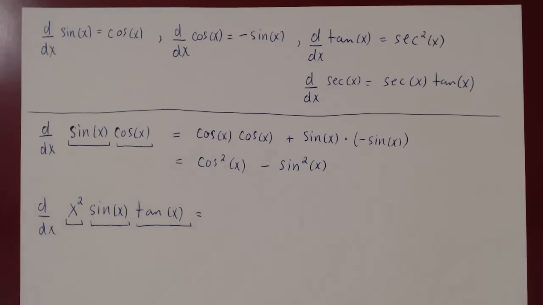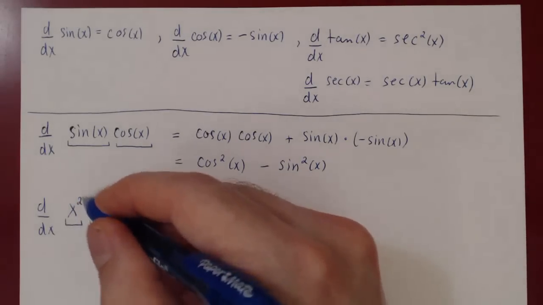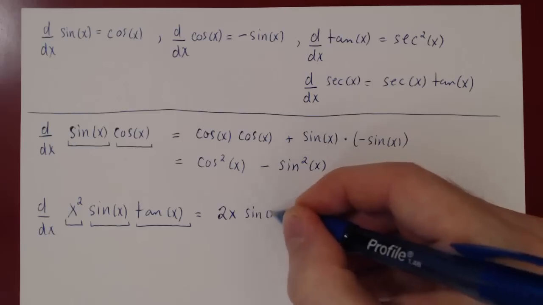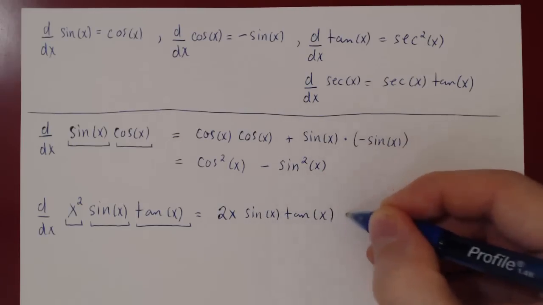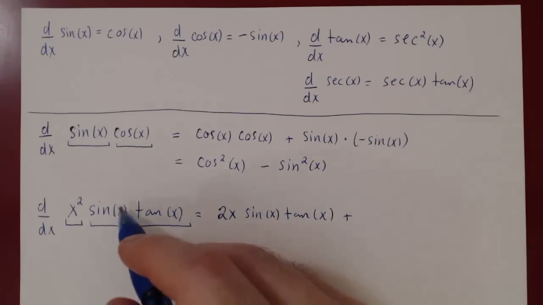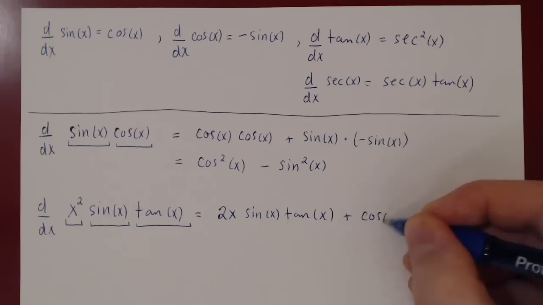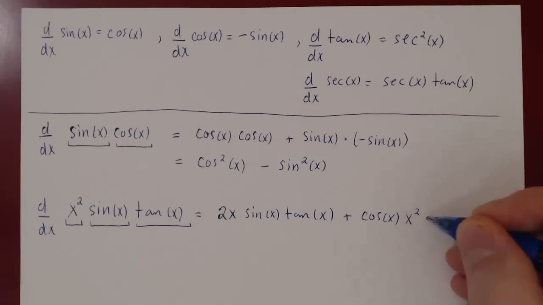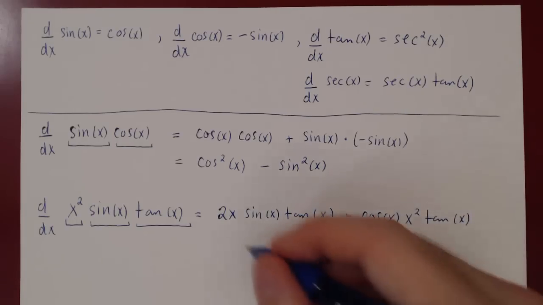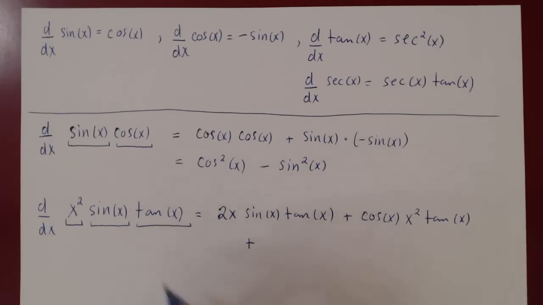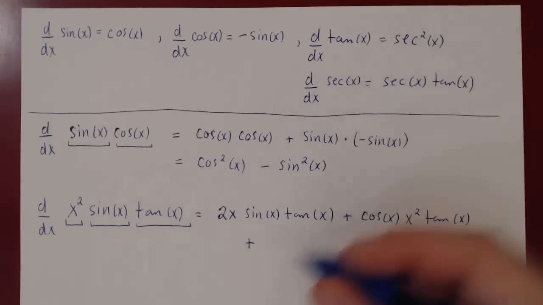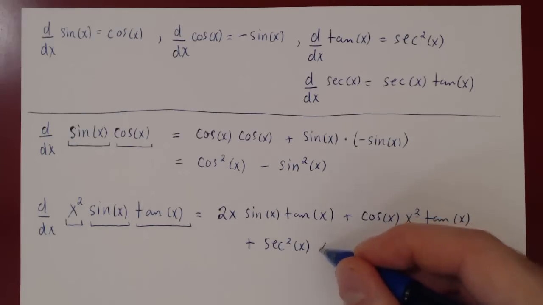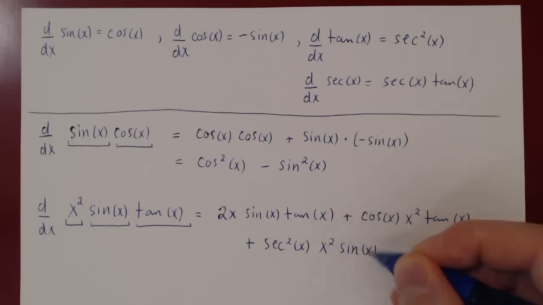So we have to use the extended product rule, which says first, derivative of the first function, so 2x, times everything else, sine of x, tan of x, plus the derivative of the second function, which is cos of x, times everything else, therefore x squared tan of x, and finally plus the derivative of the third function, derivative of tan of x is secant squared of x, times everything else, x squared sine of x.